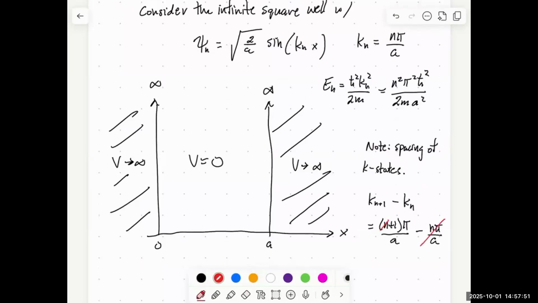So we'll cancel here and cancel here, and all we're left with is pi over a. The real important point is that as we increase a, the difference in neighboring k values gets closer and closer. And in fact, that's the trick. When a goes to infinity, that difference goes to 0 and k becomes a continuous variable. So this is a delta k.